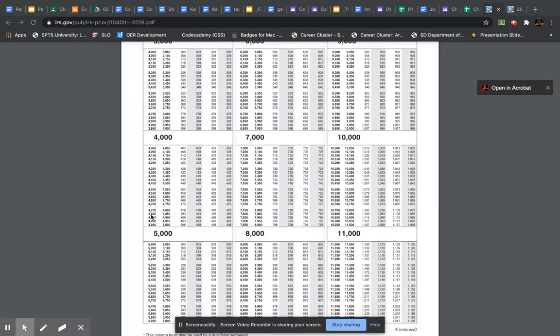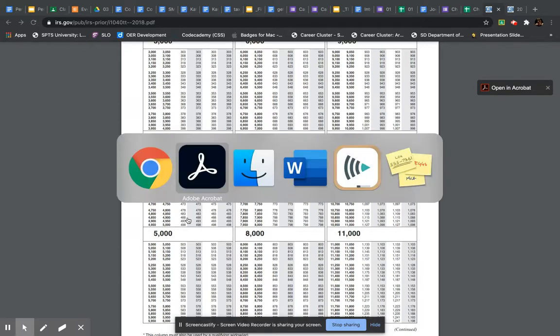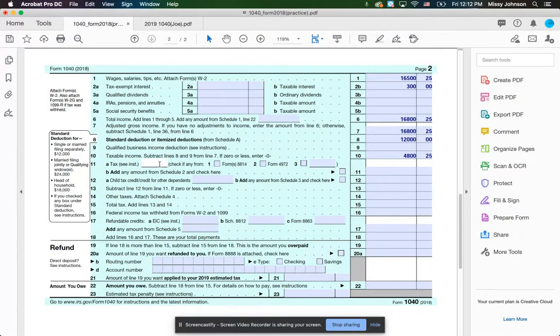So 48, and then we have our 25 cents, but we always go with the bottom one, 483. So we come back here and we put 483. We're not going to have anything else.